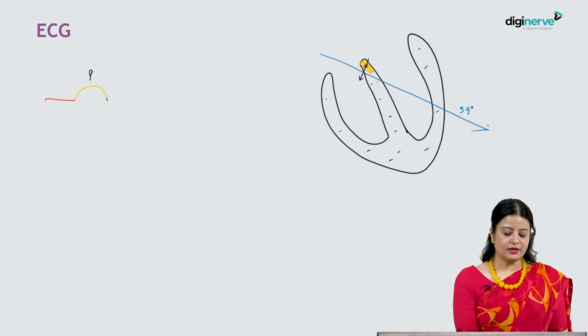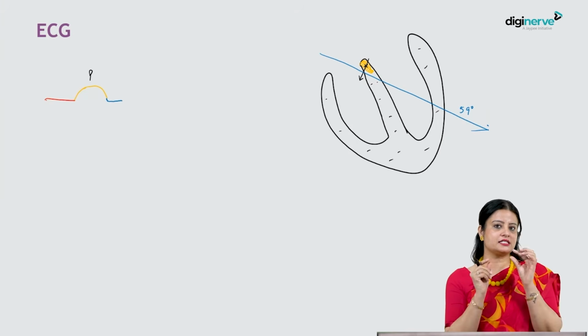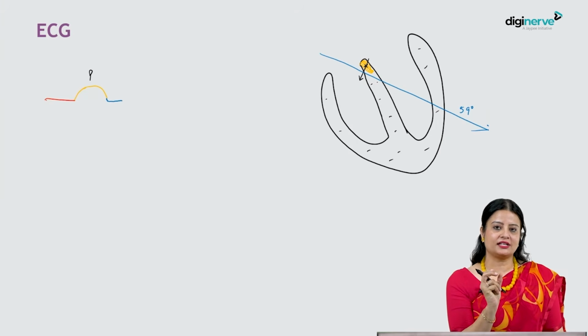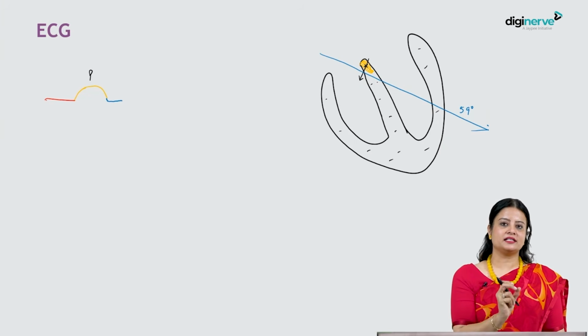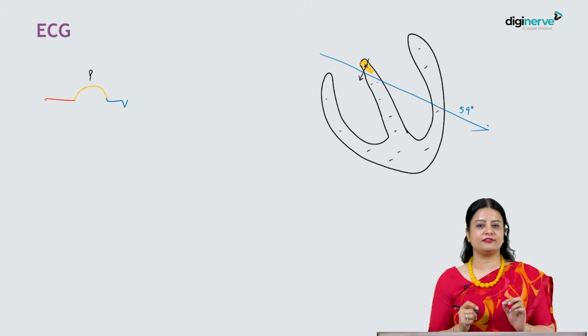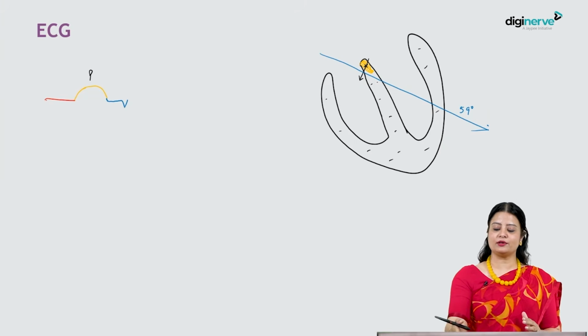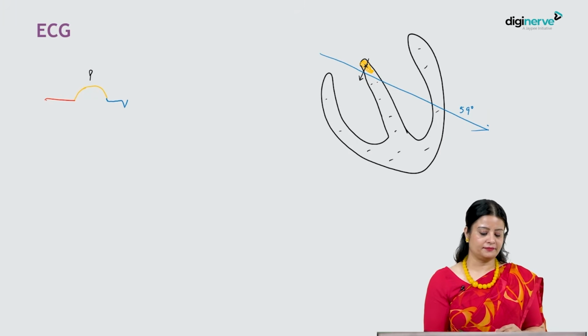So now, when the impulse is traveling from the SA node to AV node, there is a small isoelectric line representing the conduction of the impulse to the AV node. And then there is a Q wave, which is a small negative deflection because of the depolarization of the interventricular septum.